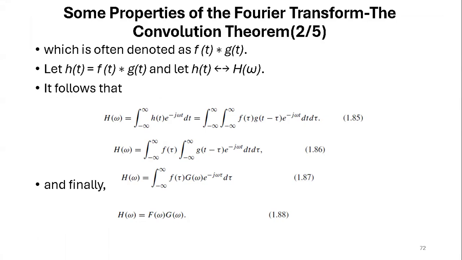Now, H(omega) is the integral of f(tau) times the integral of g(t minus tau) e^(-j omega t) dt d tau, which equals the integral of f(tau) G(omega) e^(-j omega tau) d tau. And finally H(omega) is F(omega) G(omega) henceforth.